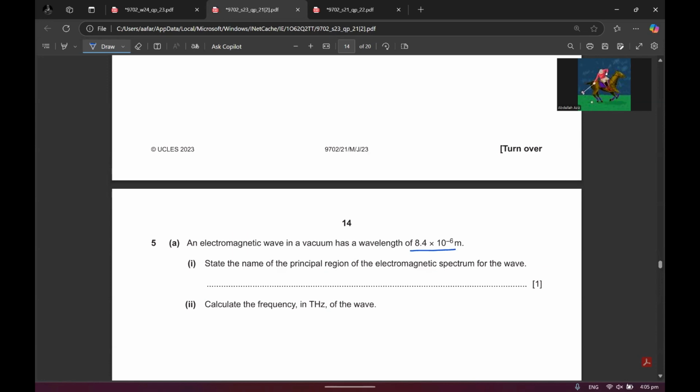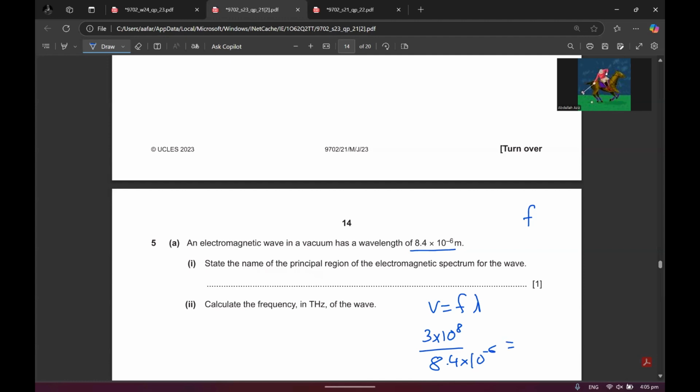If you only memorize the frequencies, you can easily figure out which wave they are, since v is equal to f lambda. So you know that the velocity of all electromagnetic waves is 10 power 8, and if you divide that by lambda, in this way you do not need to memorize both the frequency and the wavelength. You can just memorize one.